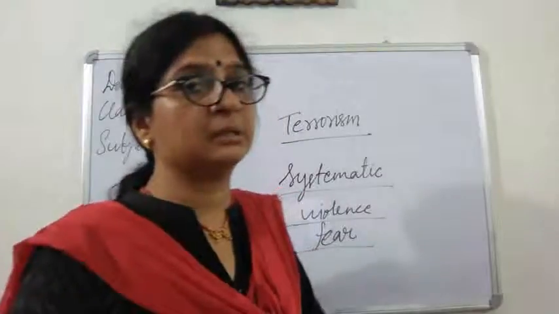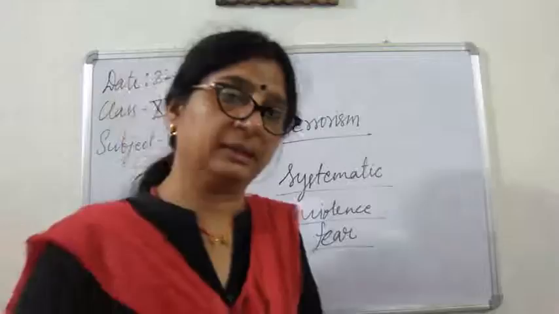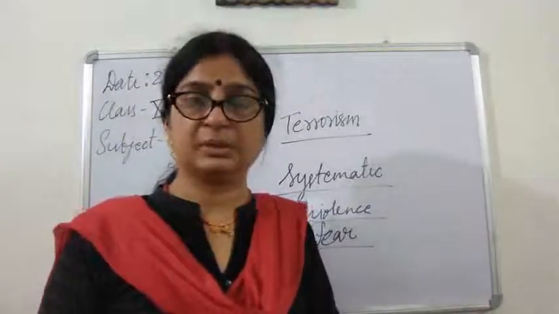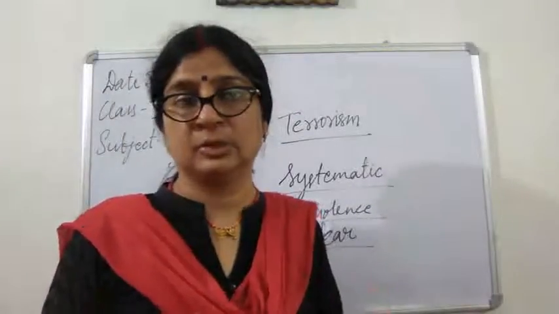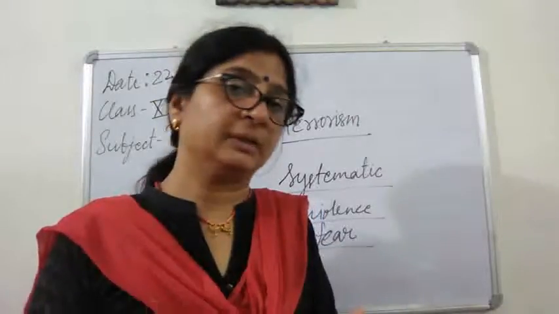But when we see this terrorism का जो target होता है, that is always civilian, because इसका जो target है that is to create fear in society. तो ये fear कैसे create होगा?